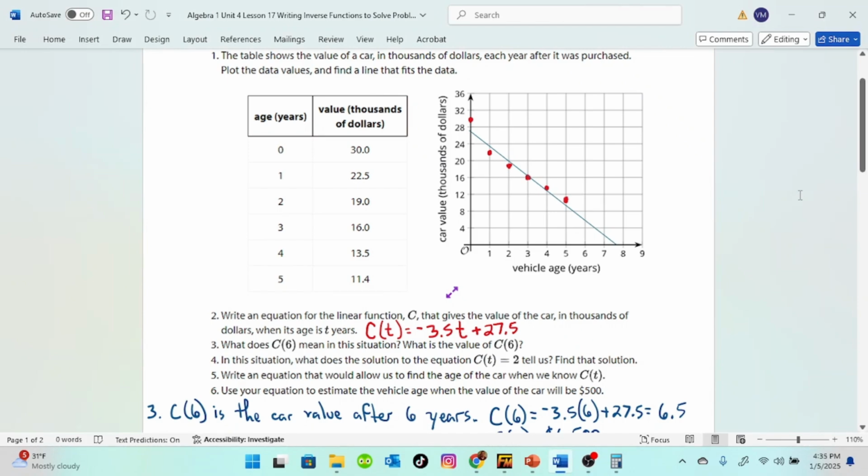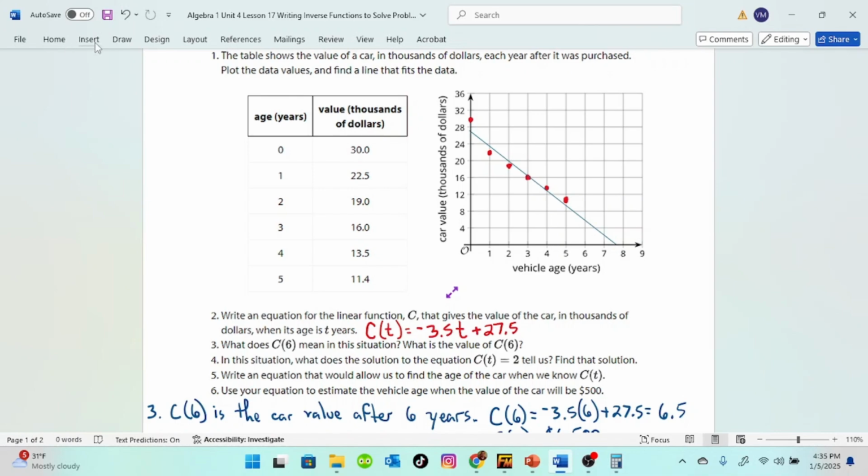On number 5, it says write an equation that would allow us to find the age of the car when we know c of t. What they're asking us to do here is find the inverse function. Rather than c of t being the output and t being the input, they want us to rewrite it so that c of t is the input and t is the output.